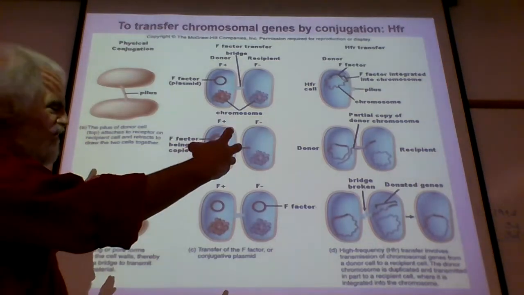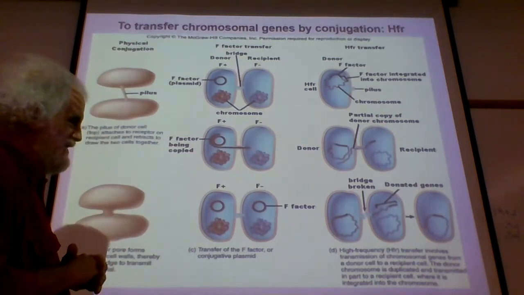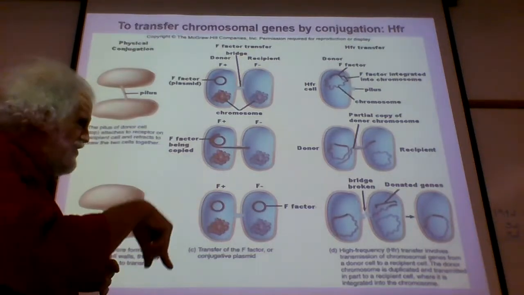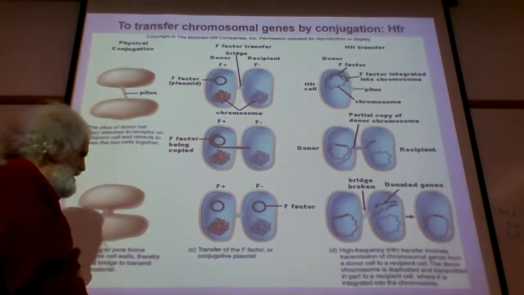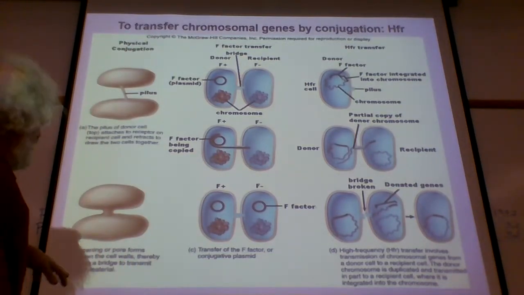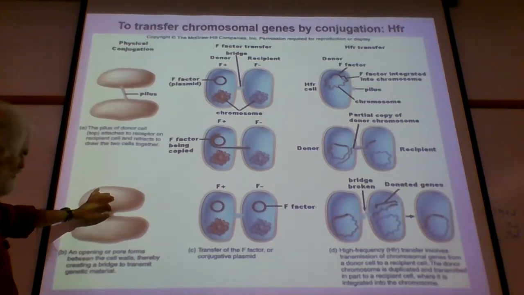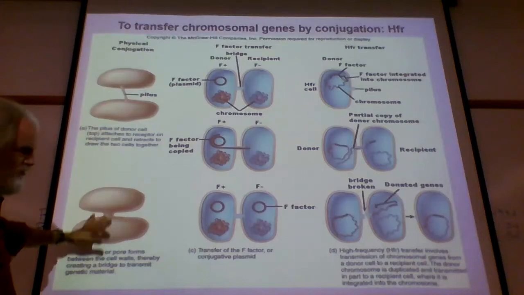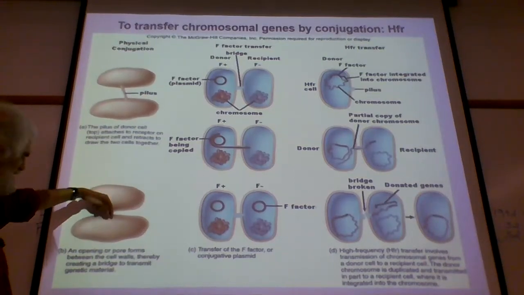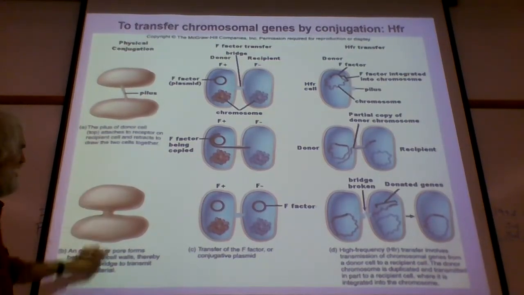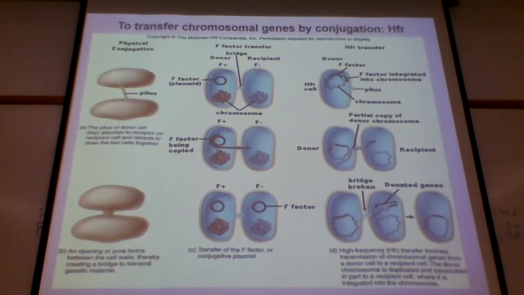And this involves the transmission of chromosomal DNA from one cell to another. So you have a pore forming between the cells, and this creates a bridge which allows the DNA to be transmitted from one side to the other.